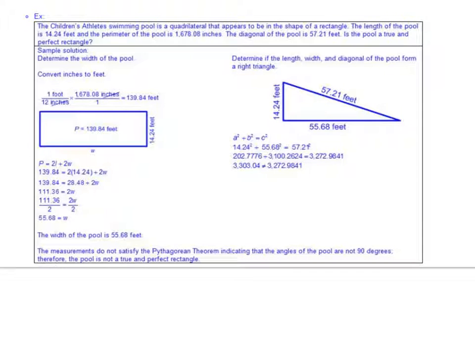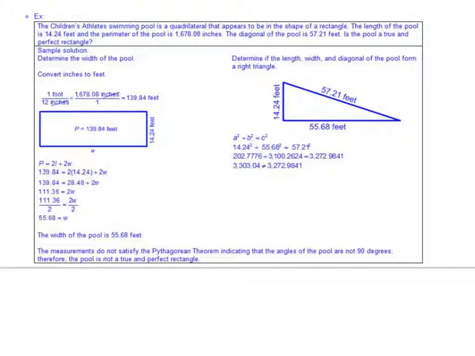All right, so here we want to take a look at a real good exercise. We're going to do some things as far as creating this diagonal. The student athlete's swimming pool is a quadrilateral that appears to be in the shape of a rectangle.